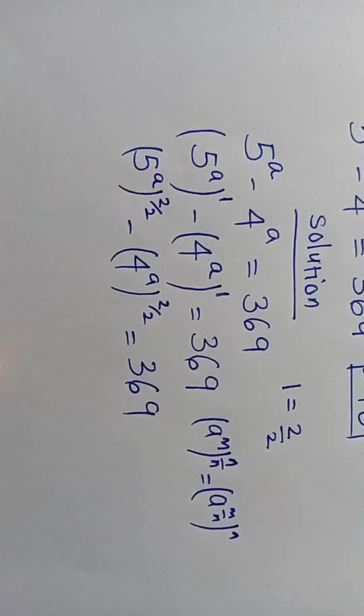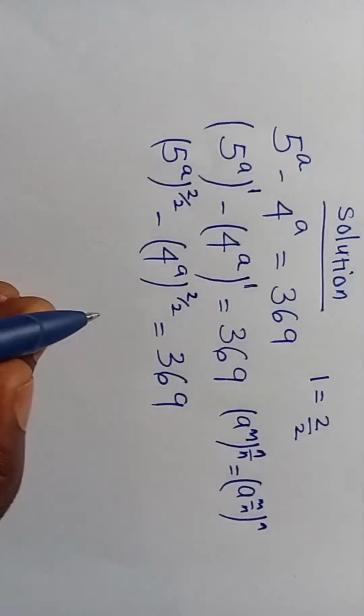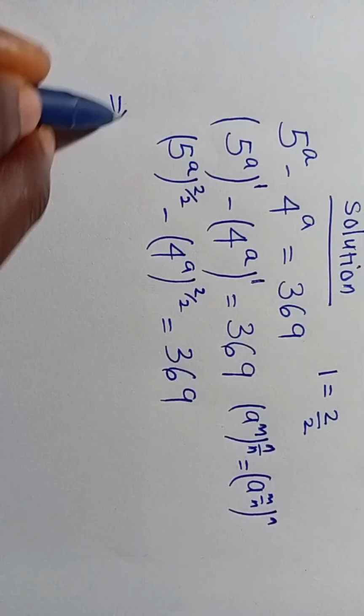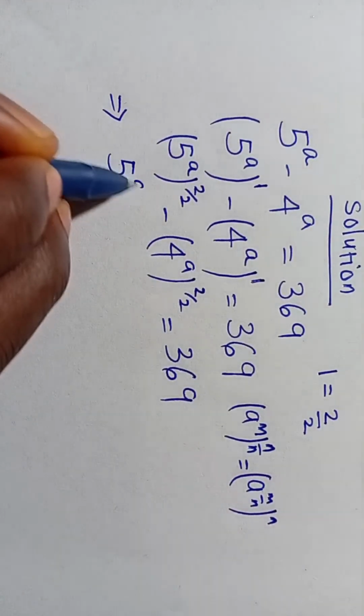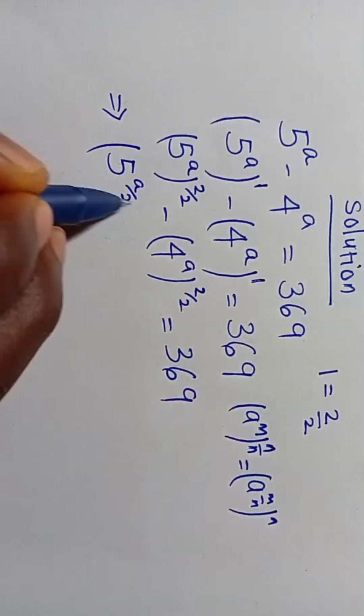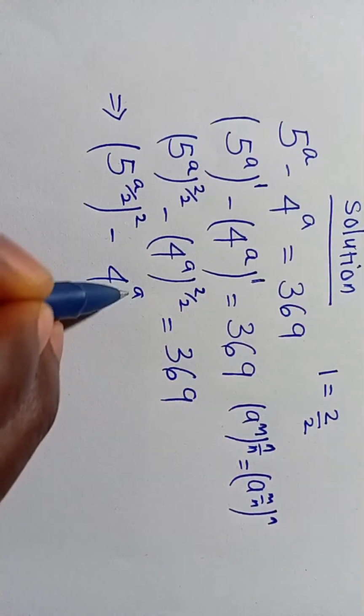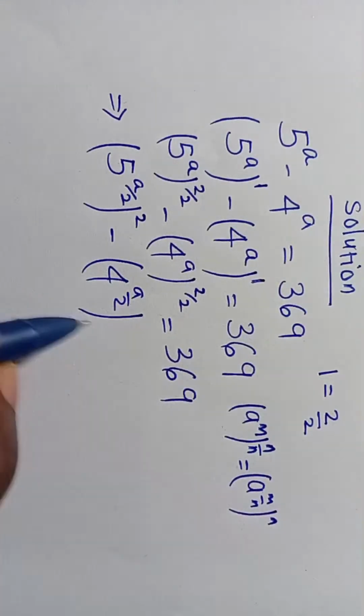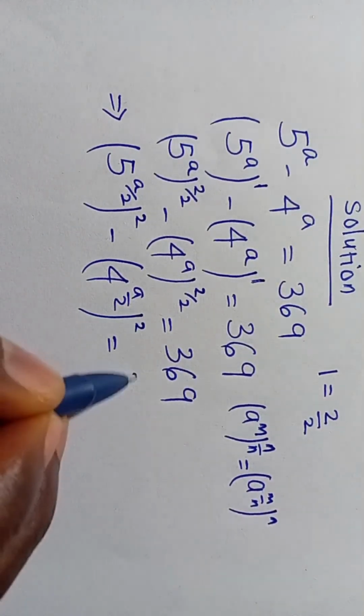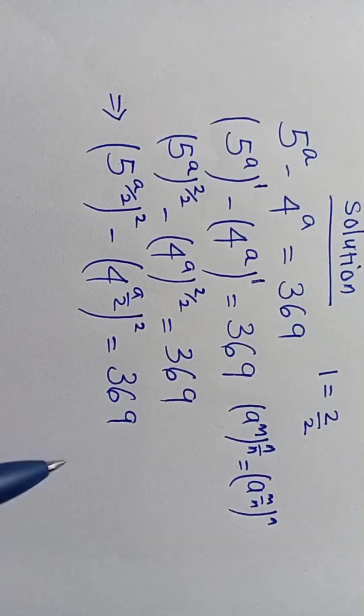So from here, we are going to have this as 5 to the power of a over 2 to the power of 2 minus 4 to the power of a over 2 to the power of 2 equals 369.